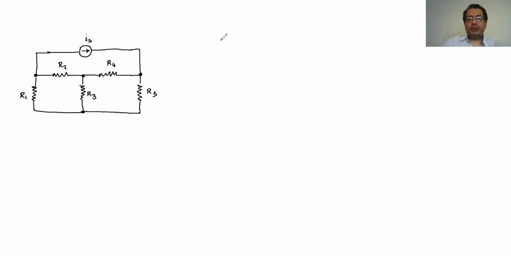So the very first step, if we are doing the node voltage method, is to choose a node as a reference. Here, again, I said we can choose any of the nodes, but if you have a node close to the source, particularly the voltage source, try to choose that.